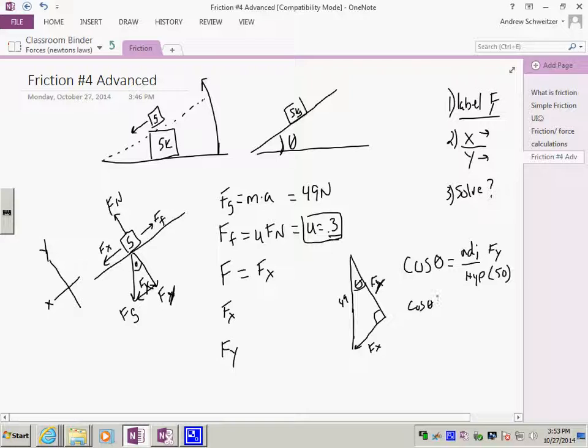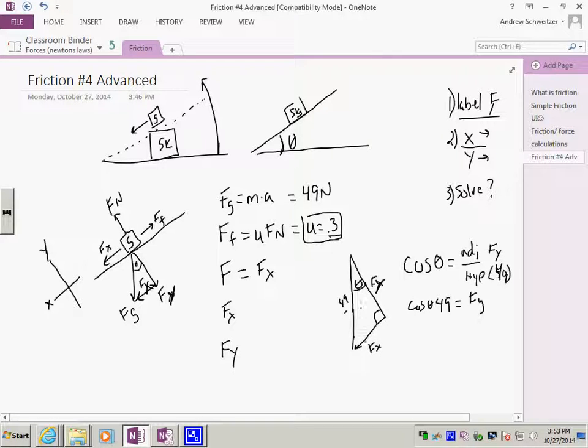Yep, it's 49, as I labeled here. So I don't know why I flipped back to the original mass, but that's 49, equals F of Y. All right, F of Y. Cosine is the adjacent angle.